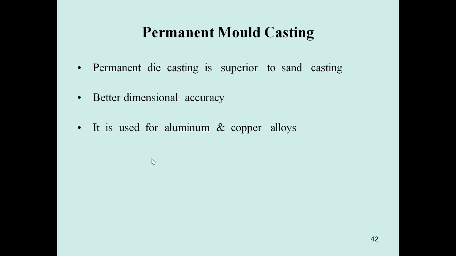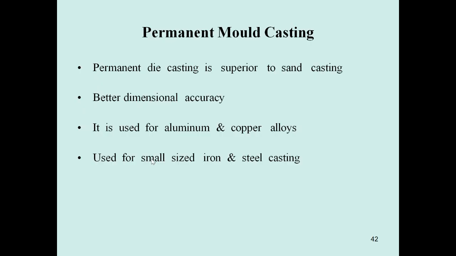Also, they possess uniform and good mechanical properties, and the rate of production is high. Next, it is used for small sized iron and steel castings. Steels can also be cast using graphite or heat resistant metal molds.